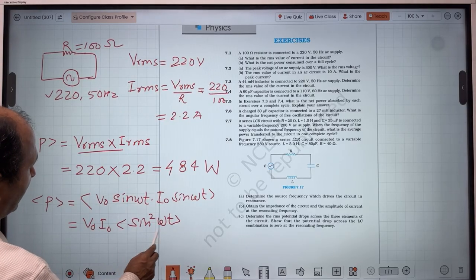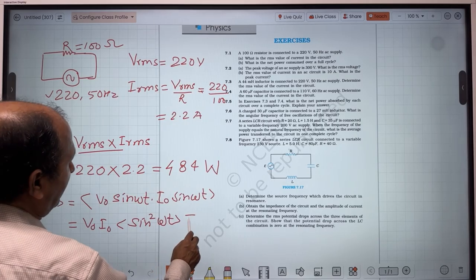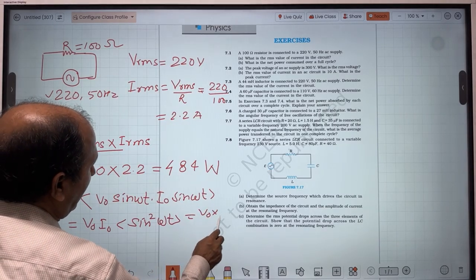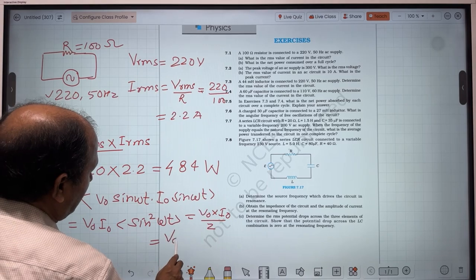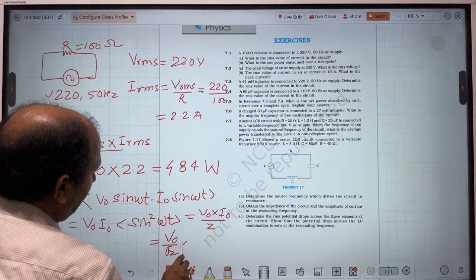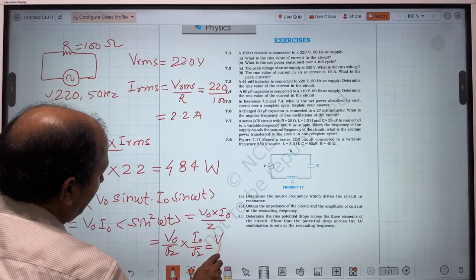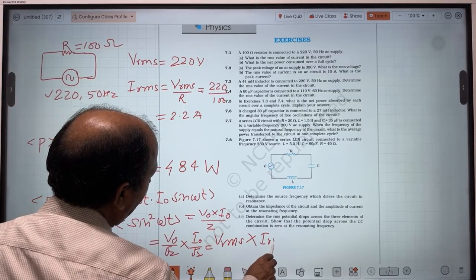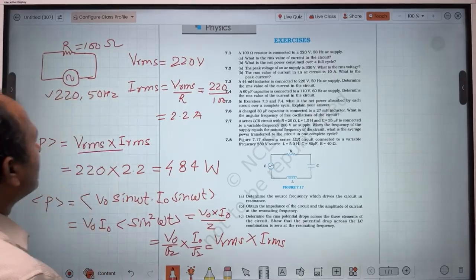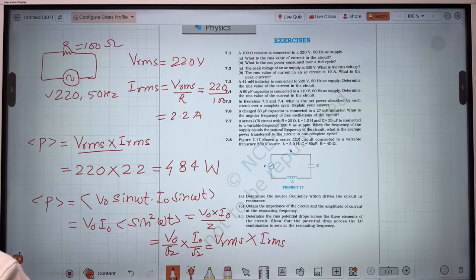And we find the average value of sine square omega t. So this gives 1 by 2. So we get V0 into I0 divided by 2, or we can write it as V0 divided by root 2 times I0 divided by root 2. This gives VRMS multiplied by IRMS, right? So the same concept I have used here. I think you have understood.